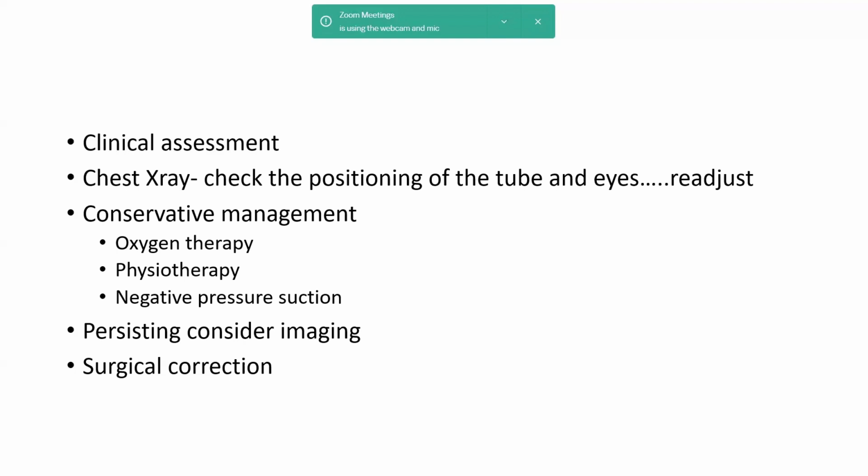Go for a chest X-ray. If the tube needs repositioning, simple repositioning can help. And there are some conservative managements you can do. You can give oxygen therapy, which helps in reabsorbing the leaked gas. We can give physiotherapy. Please encourage the patient to walk, and negative pressure suction.